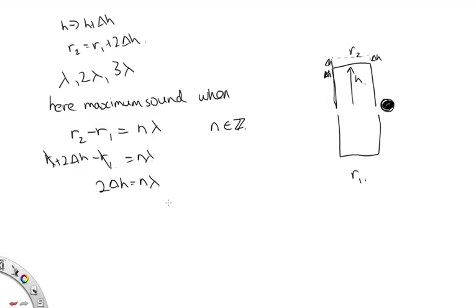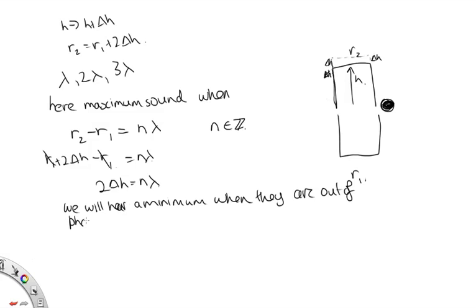We'll hear a minimum when they are out of phase. So that's when one has travelled some integer number of wavelengths plus a half wavelength more than the other.